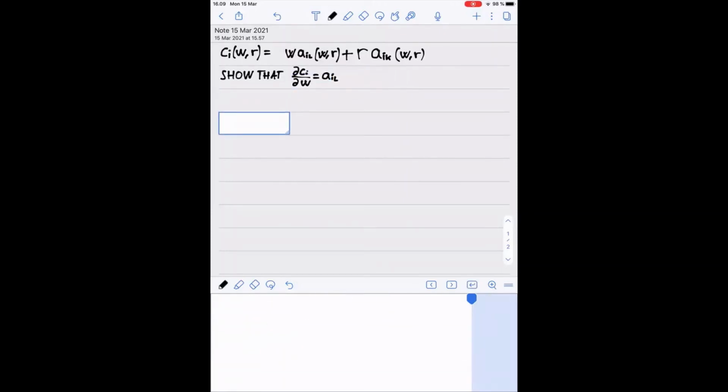So first, we want to take the total derivative of the unit cost function.